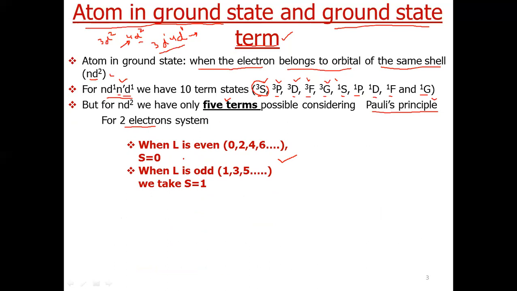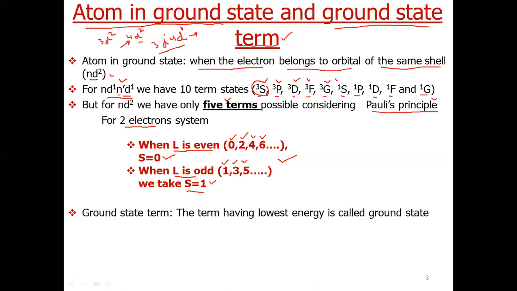The rule says that if L is even, that is 0, 2, 4 or 6, then S can have only one value, 0. If L is odd, like 1, 3 and 5, then S can have only one value, S is equal to 1. So we will apply these rules in our upcoming slides.